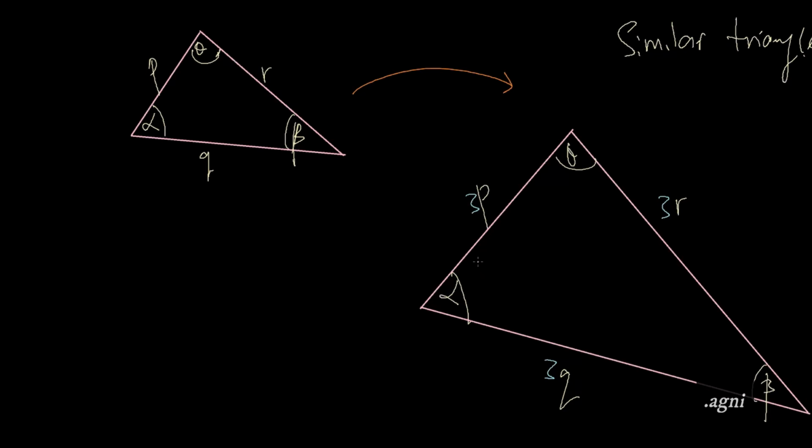If you can match two angles out of these three angles, these two triangles are identified as similar triangles. Okay. So what is the property? What is the outcome of this identification? In similar triangles, the corresponding sides are proportional to each other.